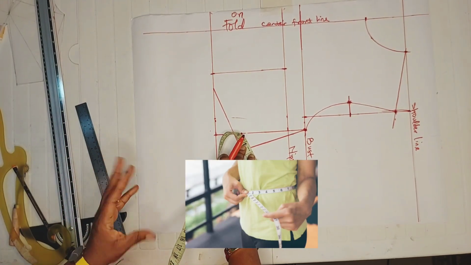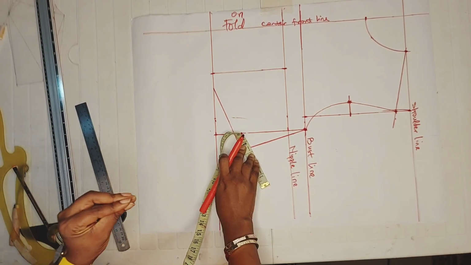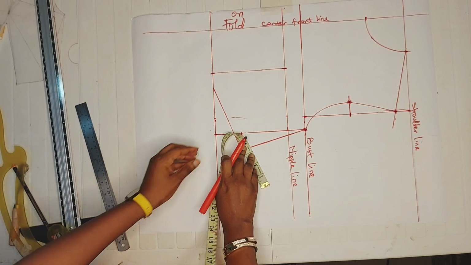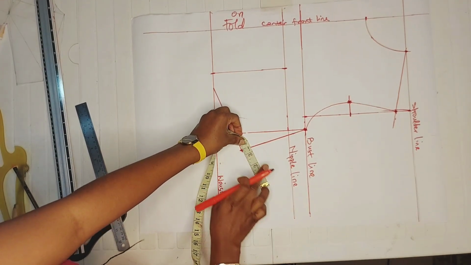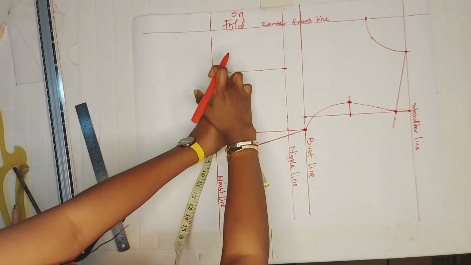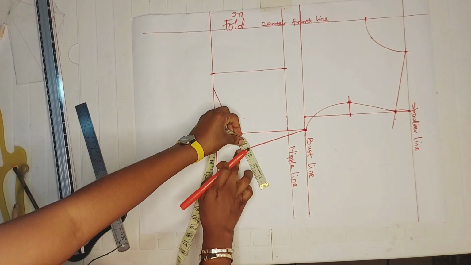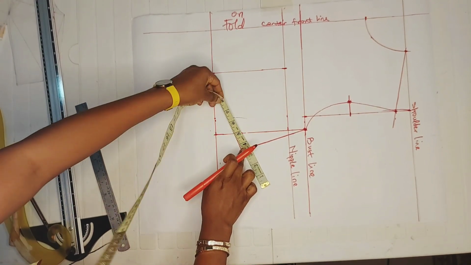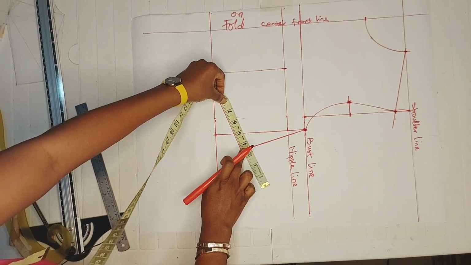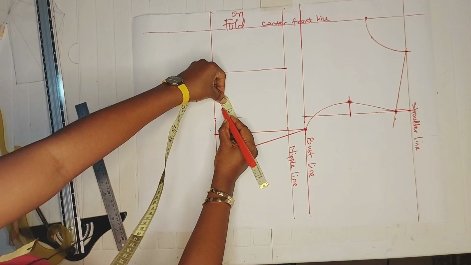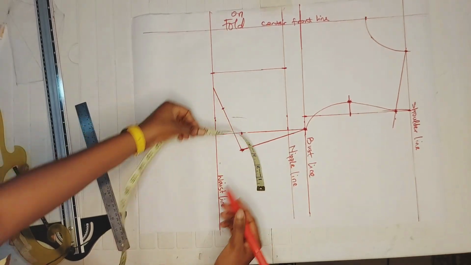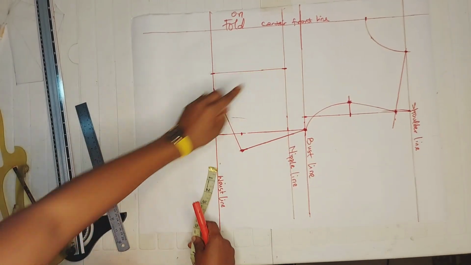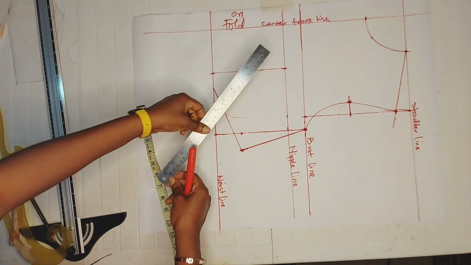If you divide it by 4, it's going to give us 7.25. That's 7 1/4. So I've taken away what I have here, which is 3.5, from the tape. So I want to mark 7 1/4. So 7 1/4 will be here. And so I'm going to mark from this point to this bust point.